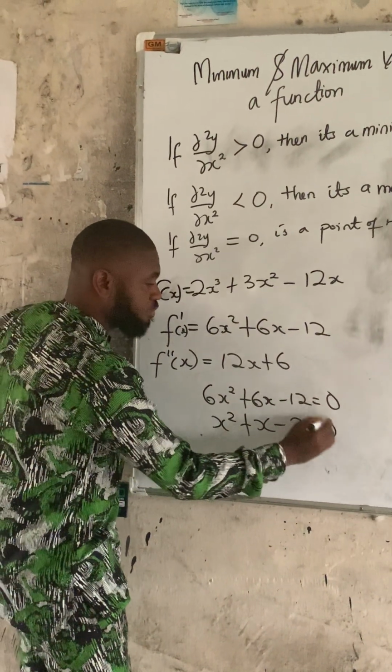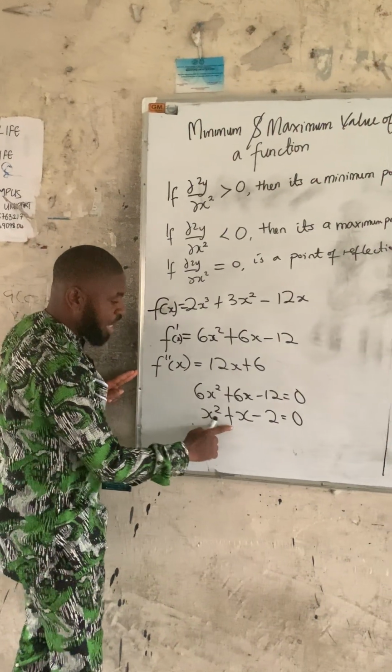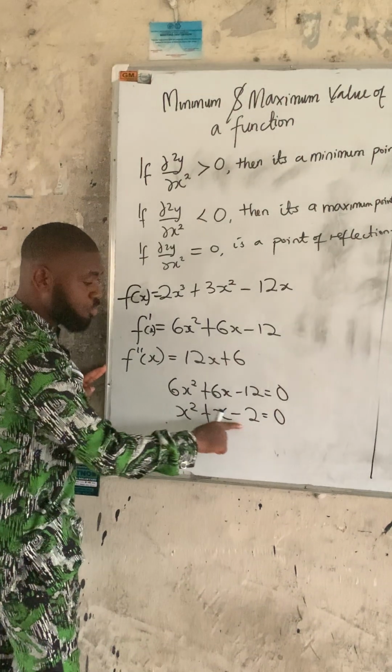So this already gives you the correct equation, and to factorize this, you need two numbers that add to give plus 1 and multiply to give minus 2.